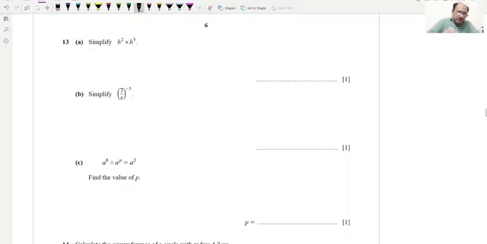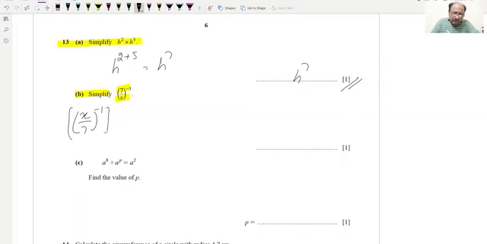Now question number 13, A part: simplify this. When bases are being multiplied, their powers will be added, so this will be equal to h raised to the power 7, and this is a 1 mark question. B part: simplify this. To simplify this, we can take the reciprocal of 7 over x and write the power as minus 1, and this will be minus 3.